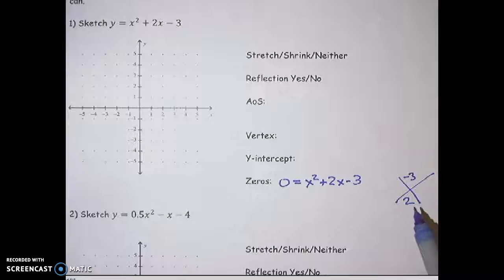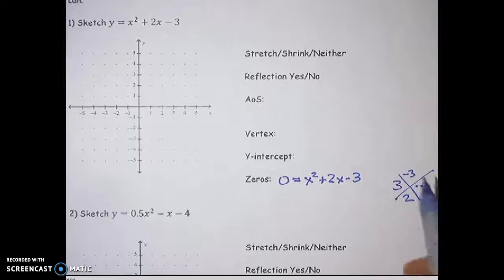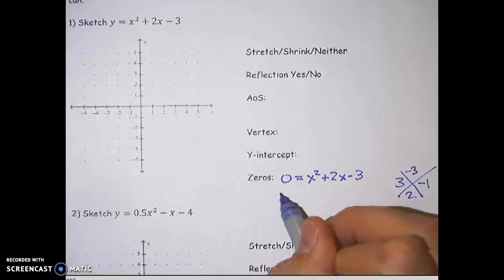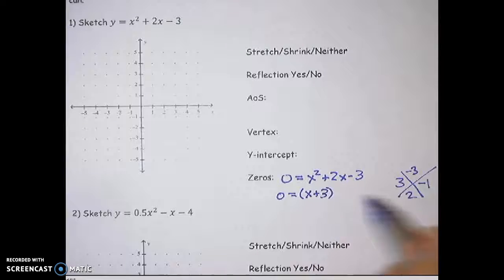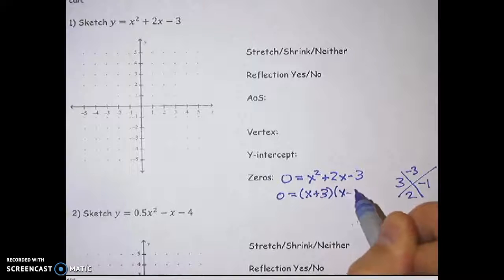If they exist, this is a lot easier. 3 times 1 would be 3, so 3 times negative 1. So if we said 3 times negative 1, that would be negative 3. 3 minus 1 is 2. So that means I could rewrite this as (x + 3)(x - 1).